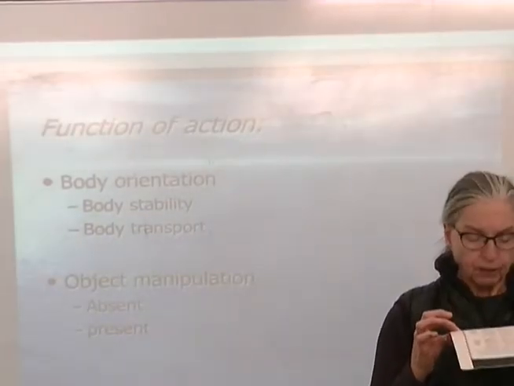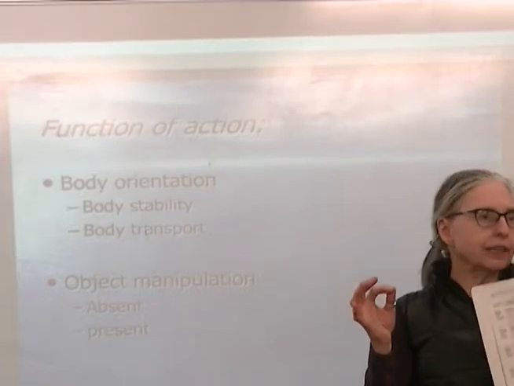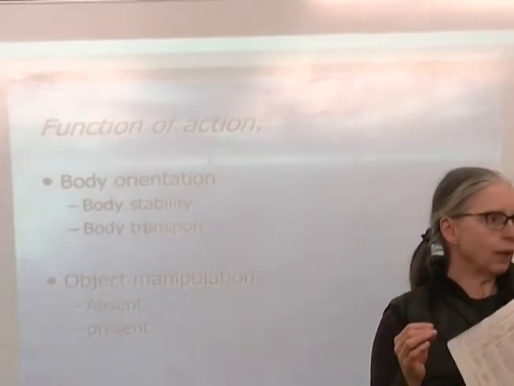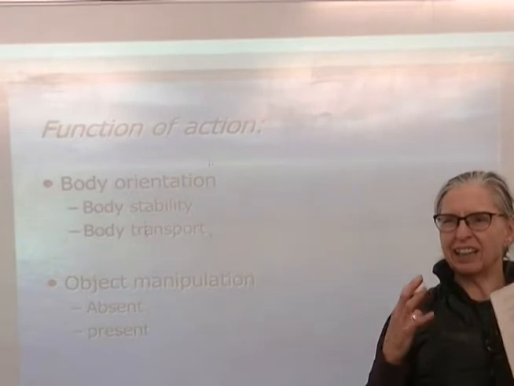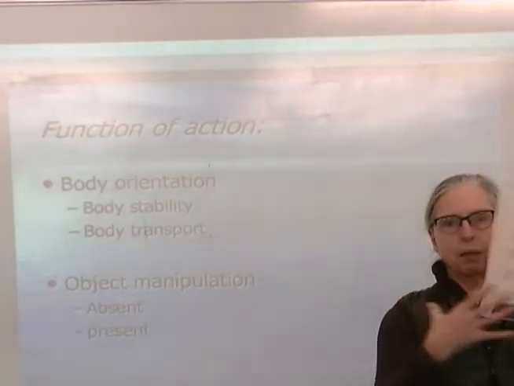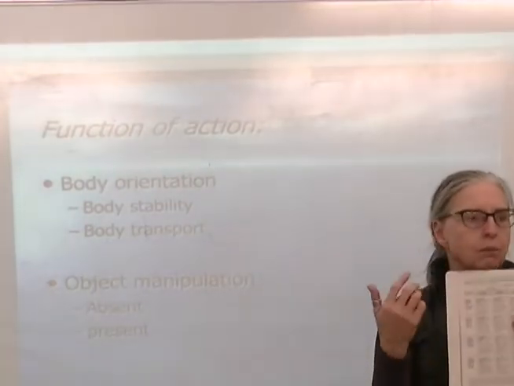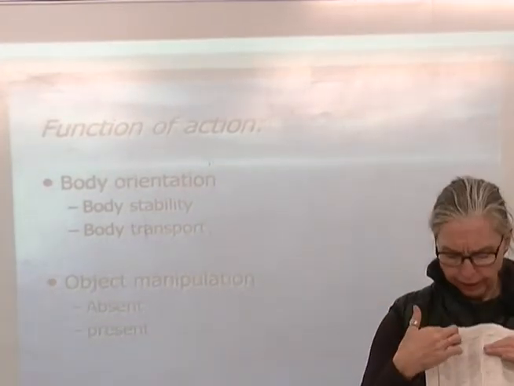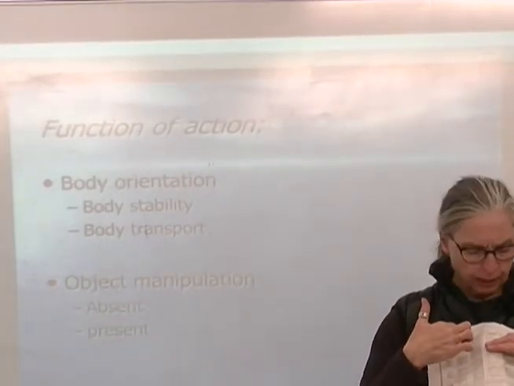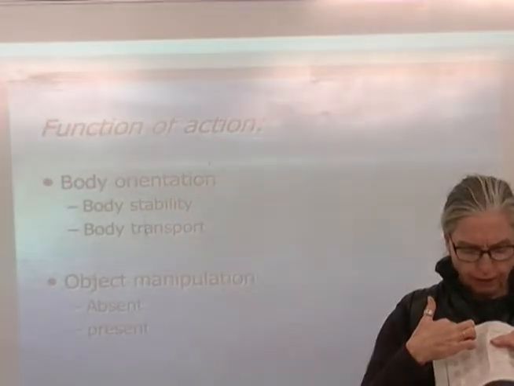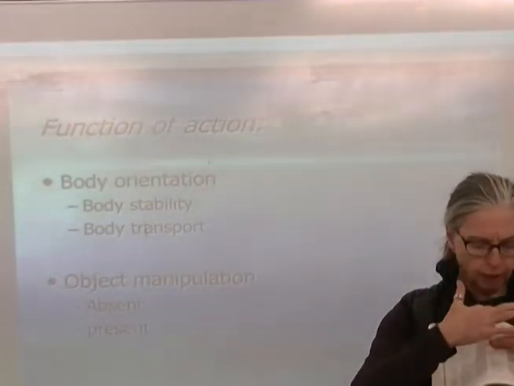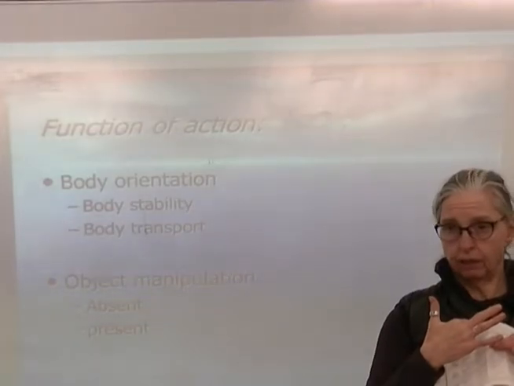So, by using very simple yes-no questions, I can cut this great big box down to something more manageable. So my first question is the body moving? Or is the body stationary?